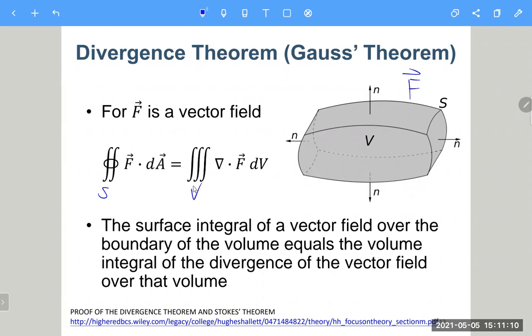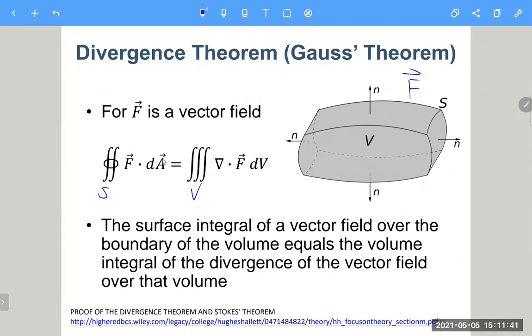We call it V. In some mathematics textbooks, they will explicitly write this is for V and this is for S. This is a Gaussian surface. The surface for this integral is actually this surface S, and the volume for this triple integral refers to this volume V, which is inside the Gaussian surface S.